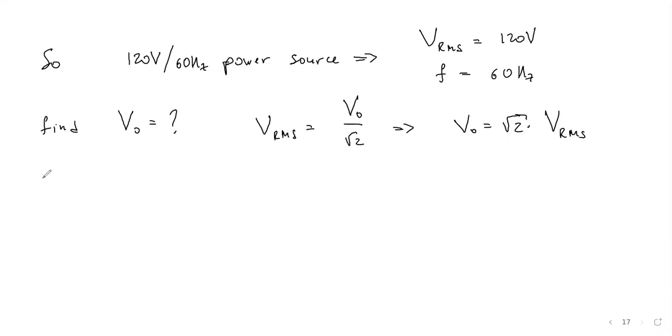So for this power source, the peak value would be square root of 2 multiplied by 120 volts. And you can help me then to calculate it. So square root of 2 is close to 1.4. So it's 120 and then 48. 120 and 48, 168. So 169.7 volts.